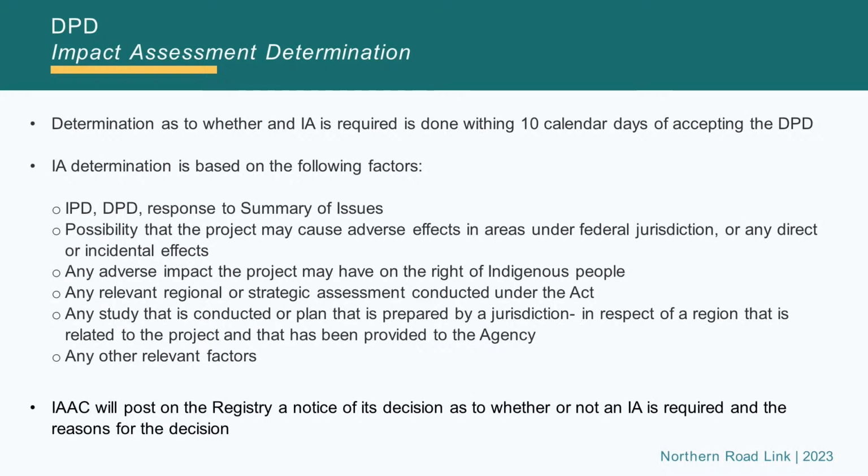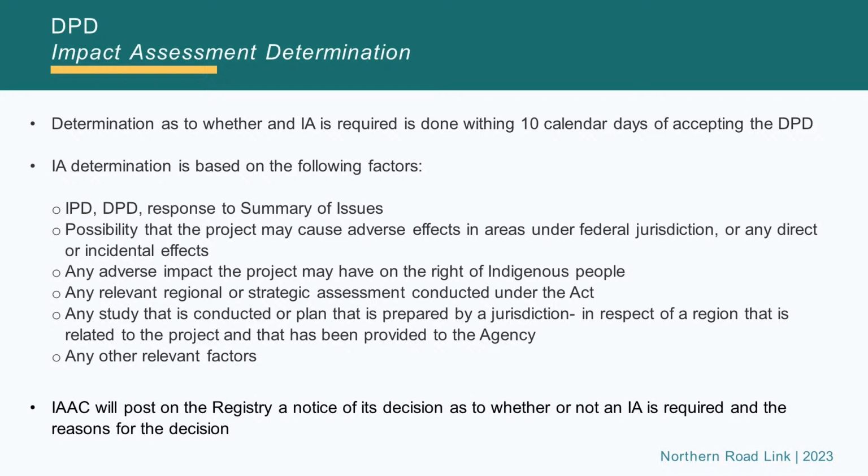It could be based on the possibility that the project may cause adverse effects in areas under federal jurisdiction, or any direct or incidental effects that could come from the project. Another factor in the impact assessment determination would be any adverse or negative impact the project might have on the rights of Indigenous people.